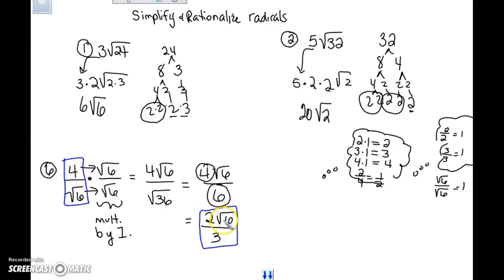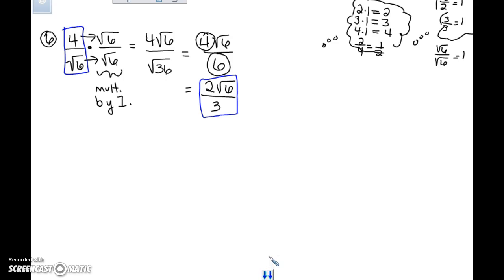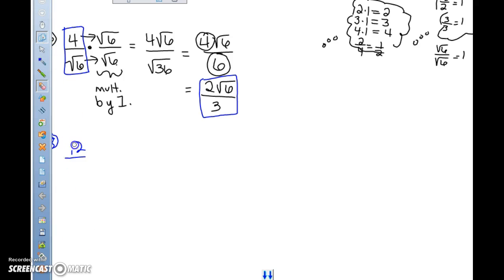Okay, let's try one more. Let's look at number 8. Number 8 was the one that we did in class. So 5 over 3 square root of 7.